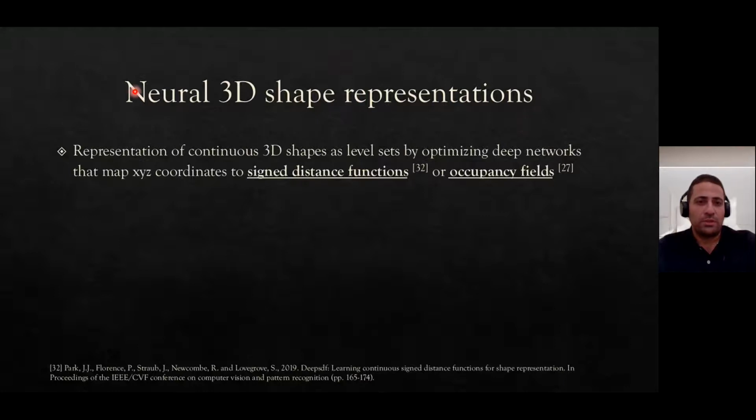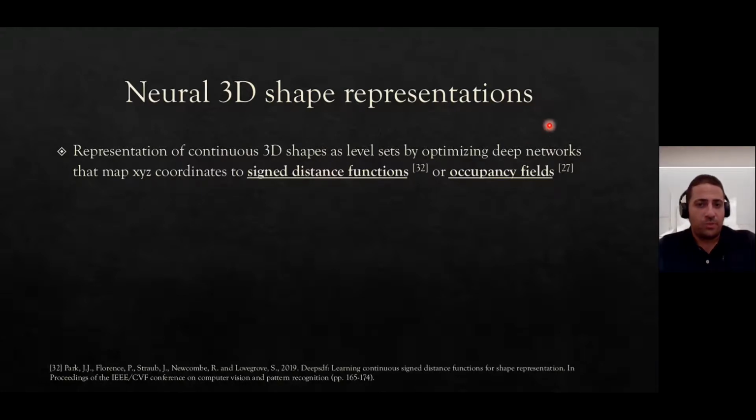So the first one we will discuss is neural 3D shape representations, which is basically using neural networks. It is the representation of continuous 3D shapes as level sets by optimizing deep networks that map XYZ coordinates to a signed distance function or an occupancy field.